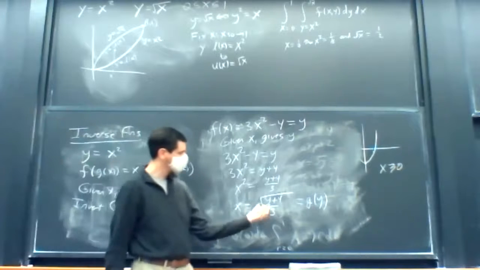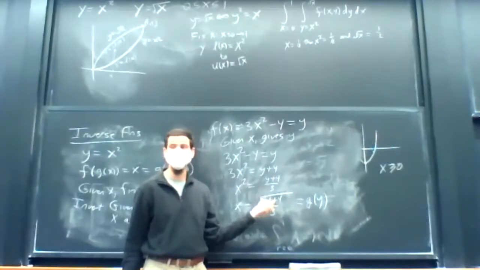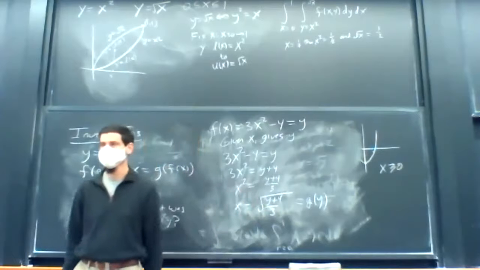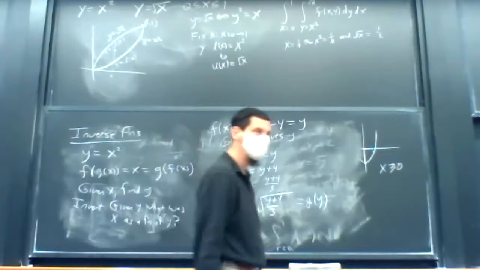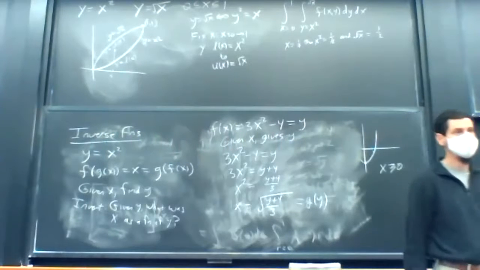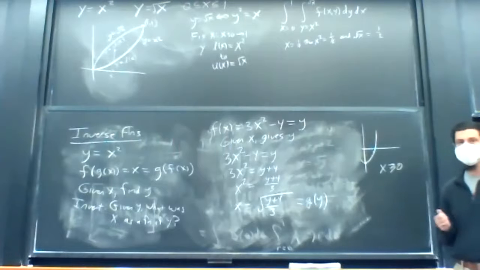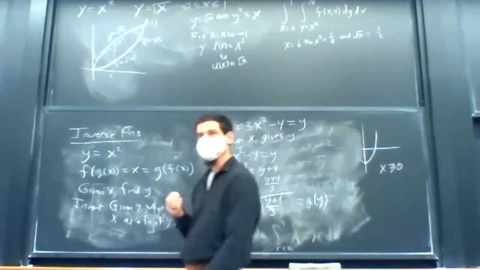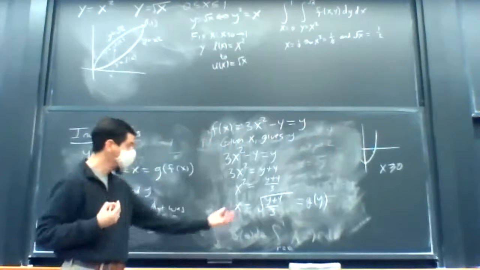When you look at this, is there any concern you have about this being well defined? What do we need for g of y to be well defined? Here, the square root of (y plus 4) over 3. What scares us about this? Oh yeah, so when could the input be negative?